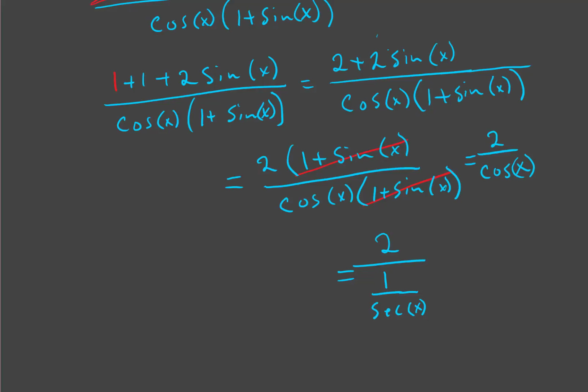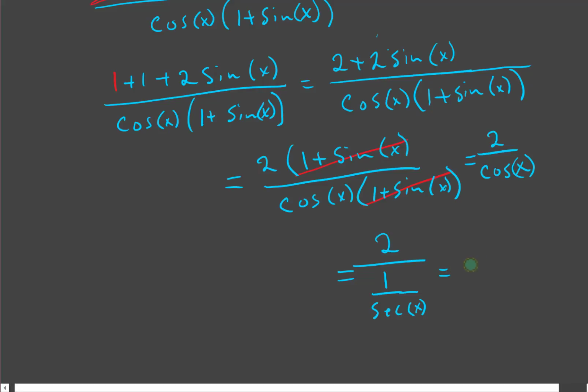So here, I'll actually write this a second time. This equals 2 times the reciprocal, we're flipping here, secant of x over 1. Well, I don't really need the 1, and I can just end up with 2 secant of x.